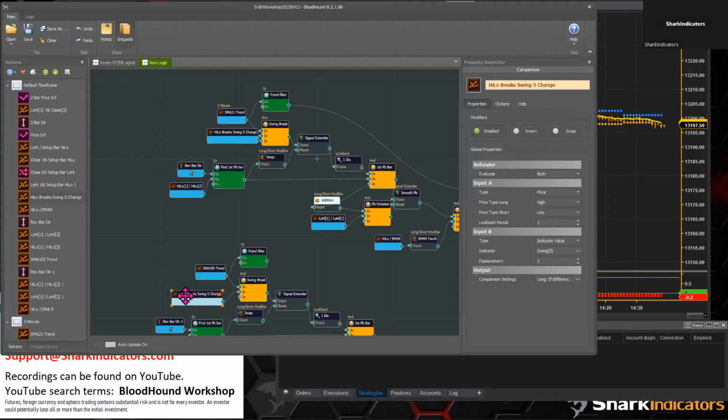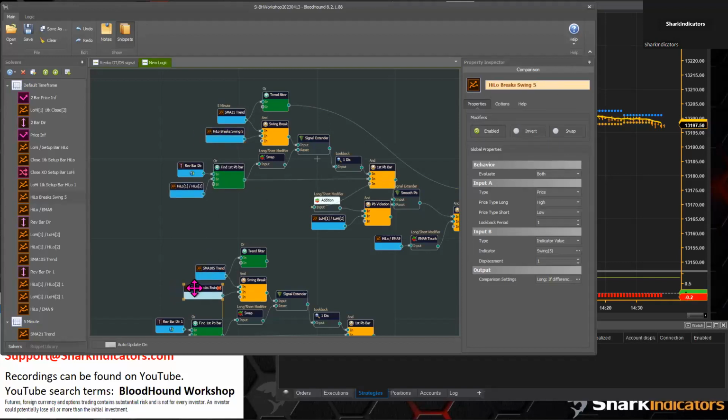So be mindful that if you change a solver that's being used in two different places, you're changing both at the same time. I just changed the name to give you an example.